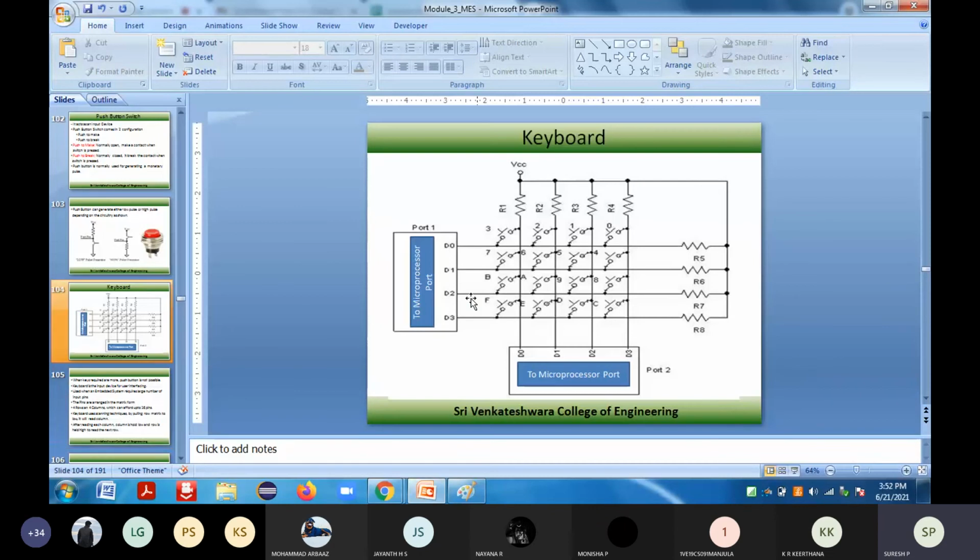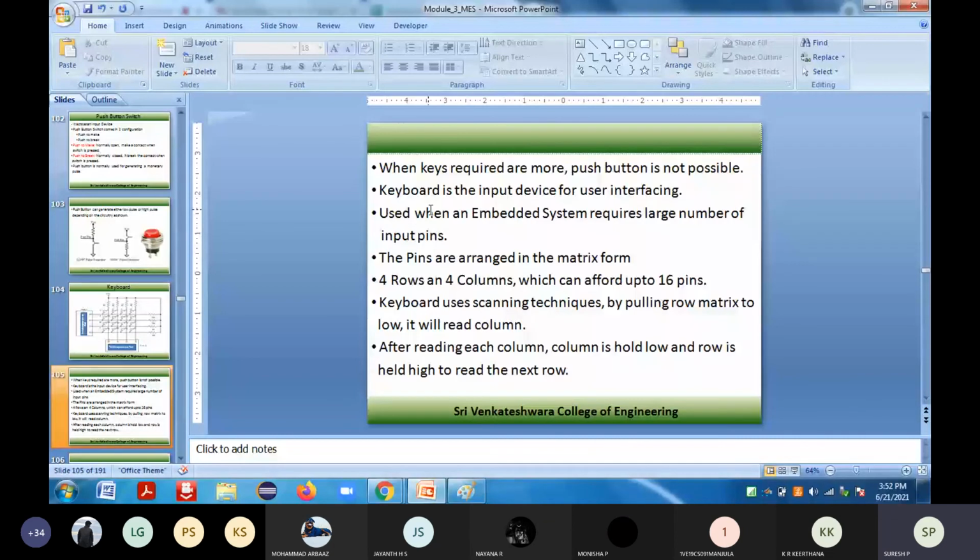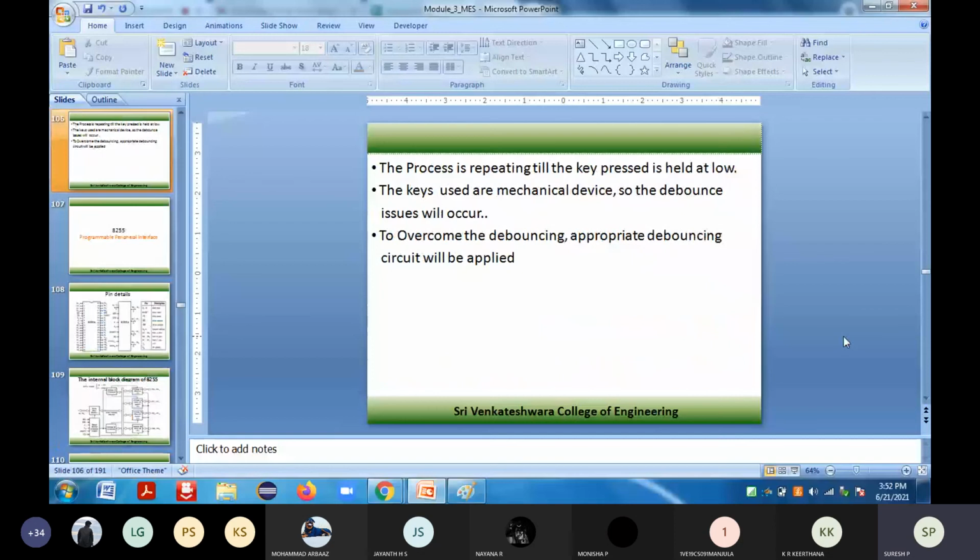If you want to read the rows, all these column pins should be made low, and then the row matrix should be made high. Only at that time are you going to read that particular row. The process keeps repeating internally, again and again, till you press some key.